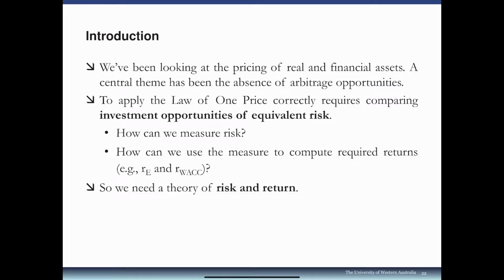We already mentioned that a company may default, they may not pay you dividends, and the cash flows that you generate are not certain. So what do we need here? We need a theory of risk and return. What is the relationship? You may pause the video now to think about your intuition about the relationship between risk and return.